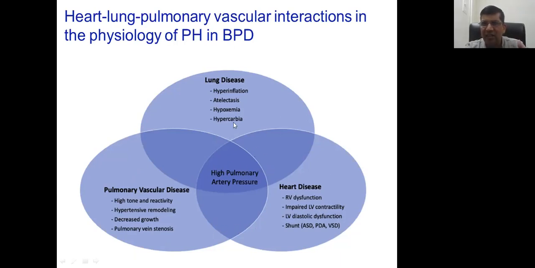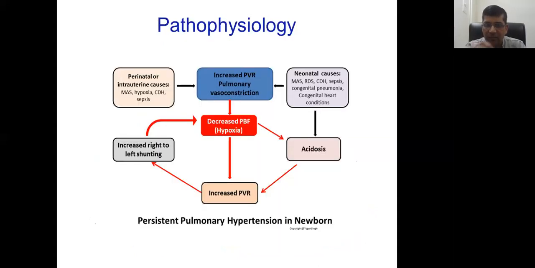All these three factors, lung, vessel, and heart, in the preterm will present as high pulmonary artery pressures, and in 34, 35, 36, 37 weekers, you might struggle with ventilation, you might struggle with non-ventilation, you might struggle with weaning or persistent oxygenation. That problem is still there.